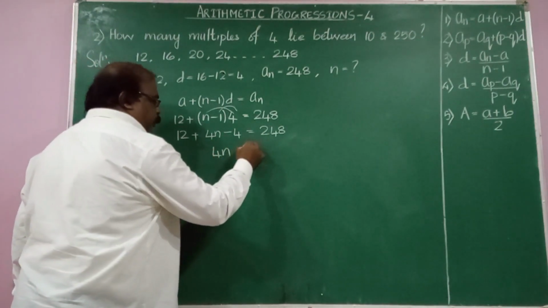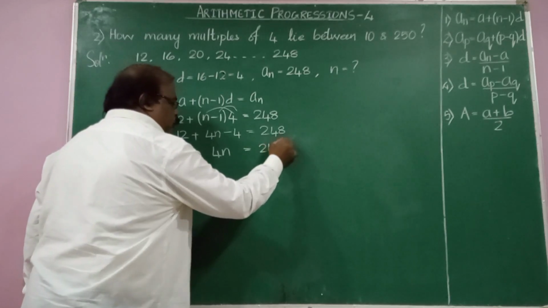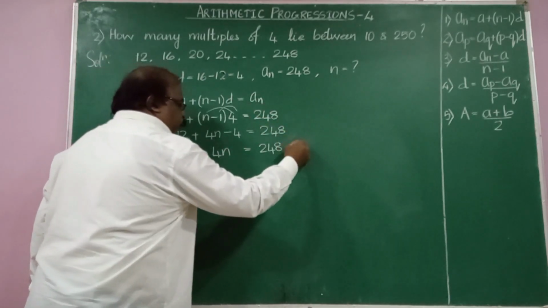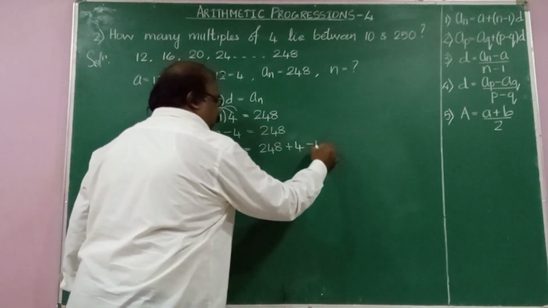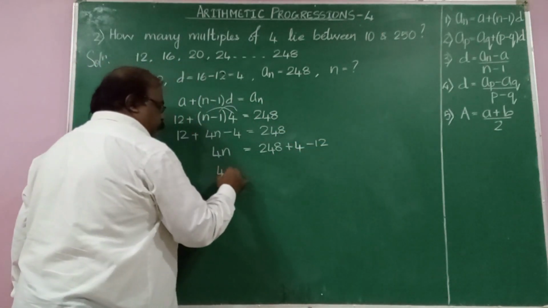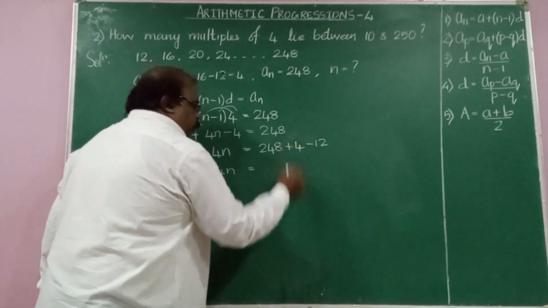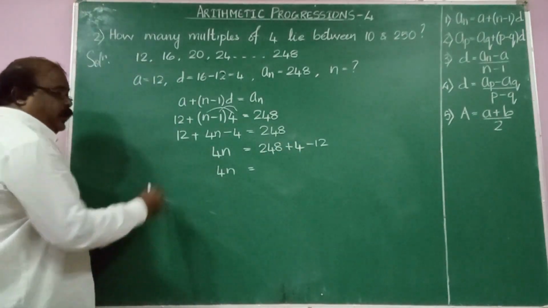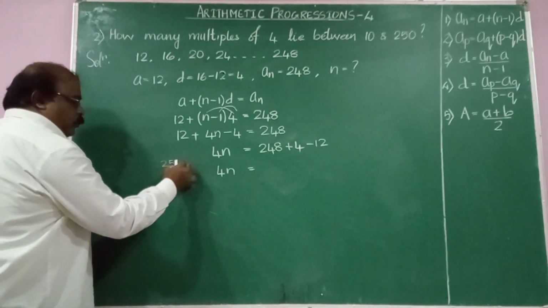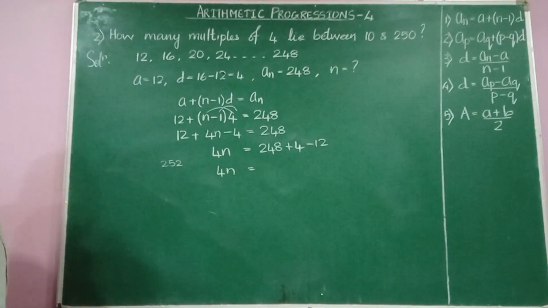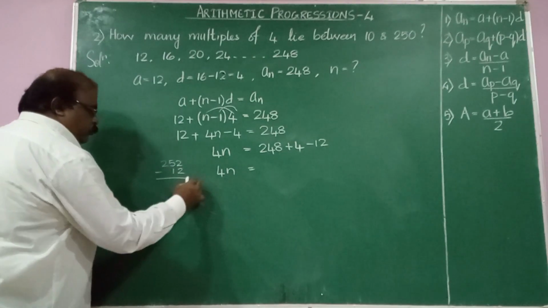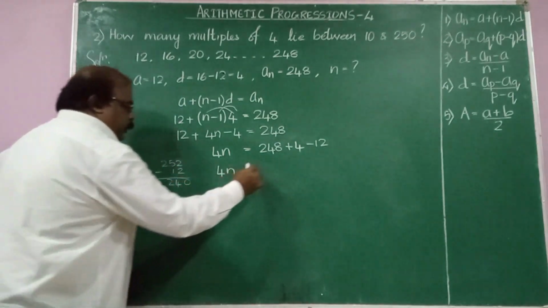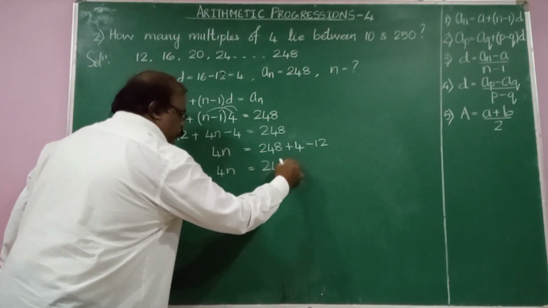So 4n is equal to 248 minus 4 going to the other side becomes plus 4, and 12 going to the other side becomes minus 12. So 248 plus 4 is 252, minus 12 is 240.